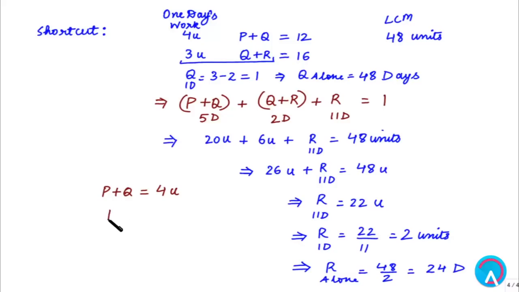So P's 1-day work will be 4 units minus 1 unit, equal to 3 units. So if P can finish 3 units of work in 1 day, then total amount of work is 48 units, 48 divided by 3 equal to 16 days for P to finish the work alone.